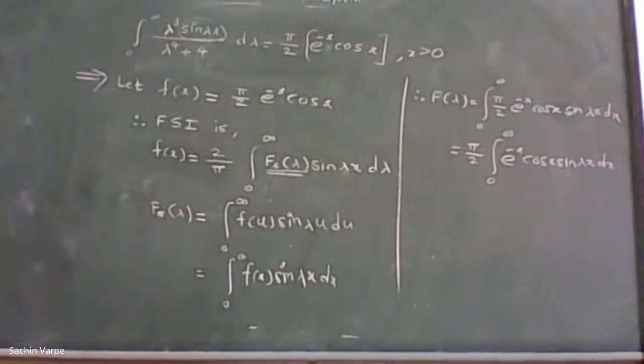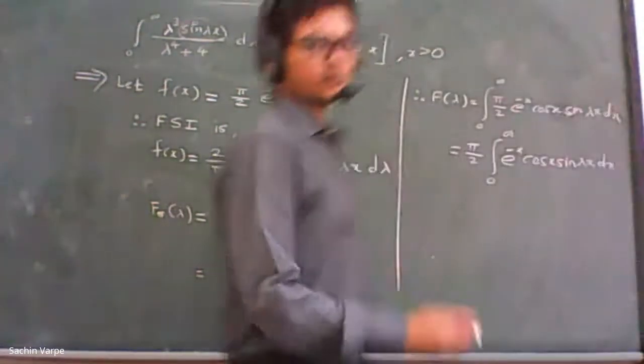Yes, we have a trigonometric formula, 2 sine a cos b, right? Using that formula, we can separate this product of cos and sine. So what is the formula of 2 sine a cos b? Sine A plus B plus sine A minus B. Exactly.